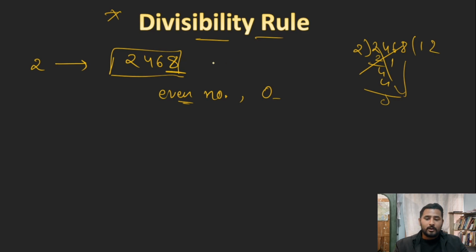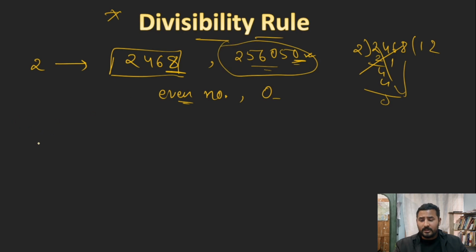For one more example, if I give you a bigger number, 2560, is it divisible by 2? Yes, because the ending number is 0. It can be 0, 2, 4, 6, 8. If you find these 5 digits at the end, then the whole number is divisible by 2. Clear? Let's go for 3.